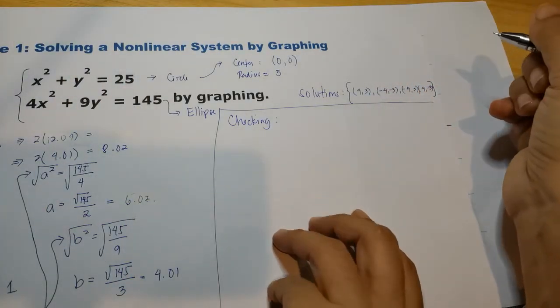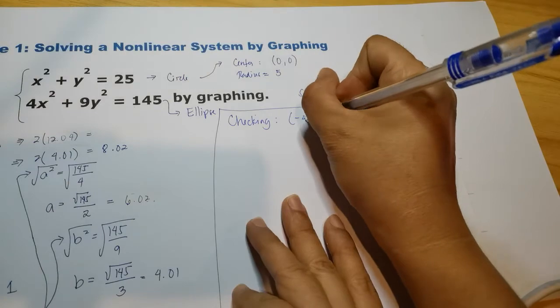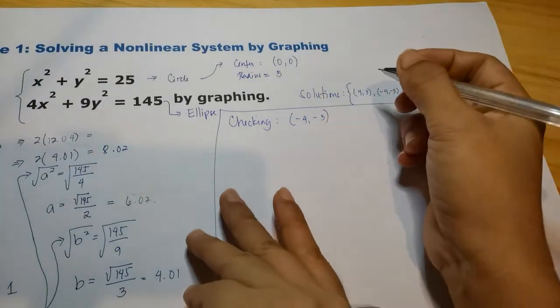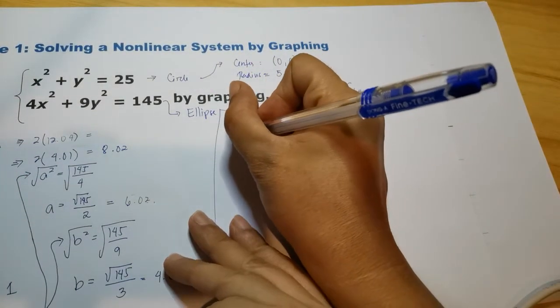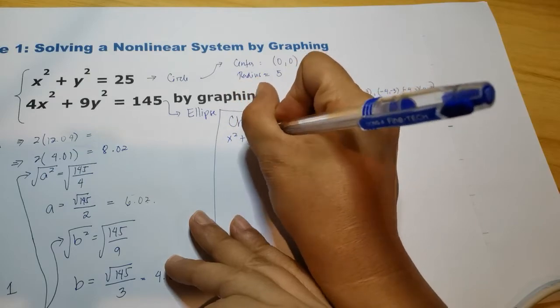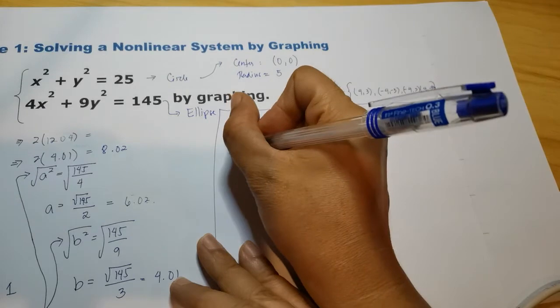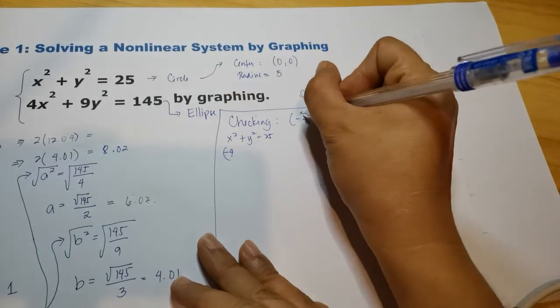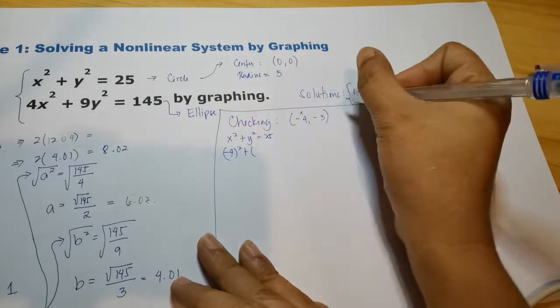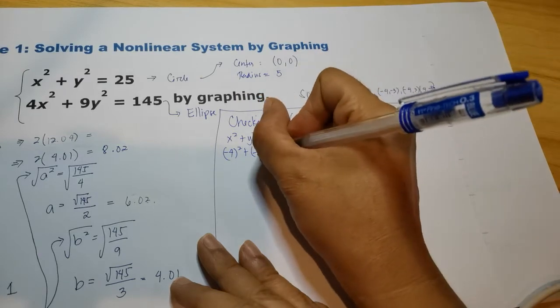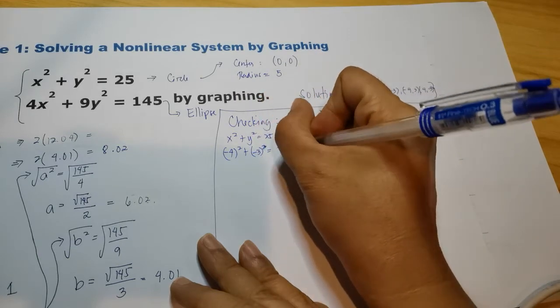Okay, isa na lang. Let's try negative 4 and negative 3. Okay, so we are going to substitute that to x squared plus y squared equals 25. And so, we have negative 4 squared plus negative 3 squared equals 25.